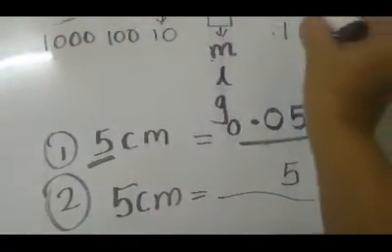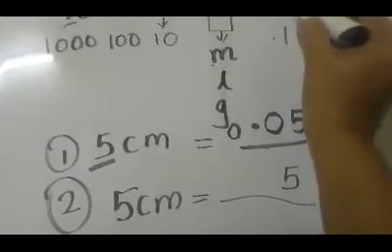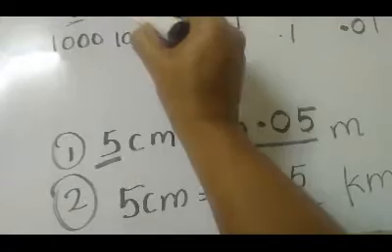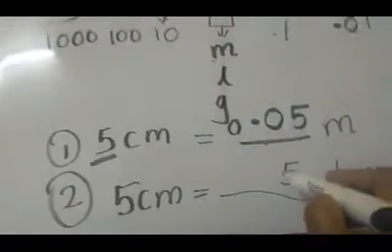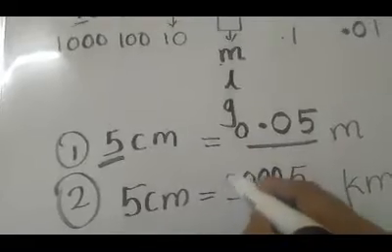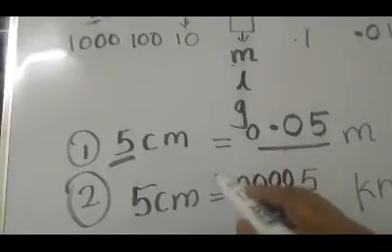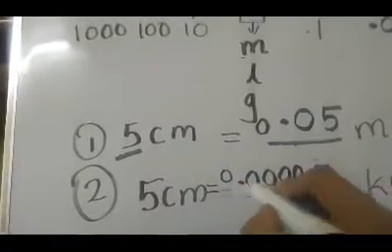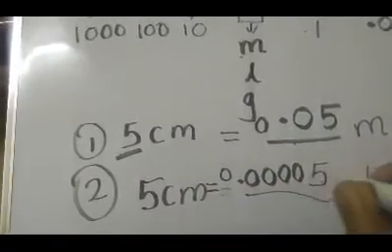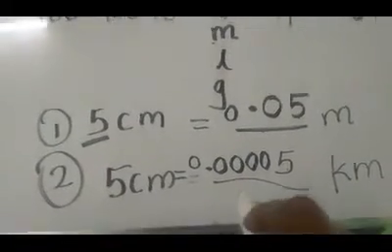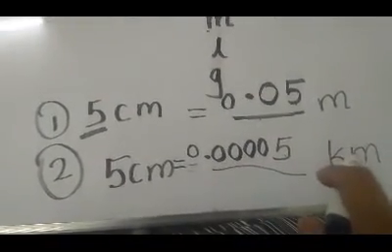So I count how many decimal places we want to move. That is 1, 2, 3, 4, 5 after the decimal. So the answer is 0.00005 kilometer. Okay, I think everybody has a clear idea.